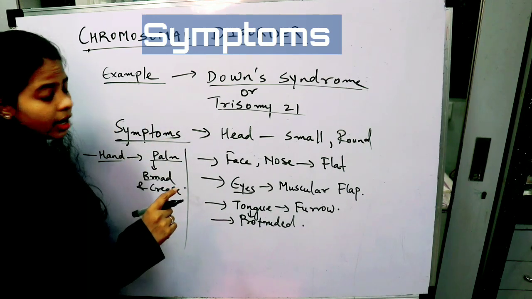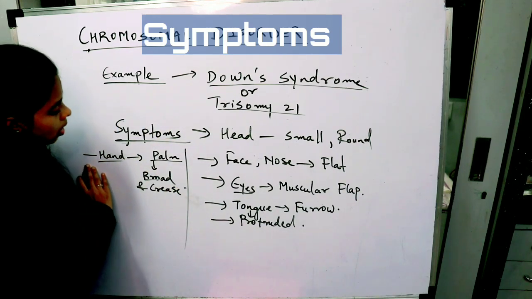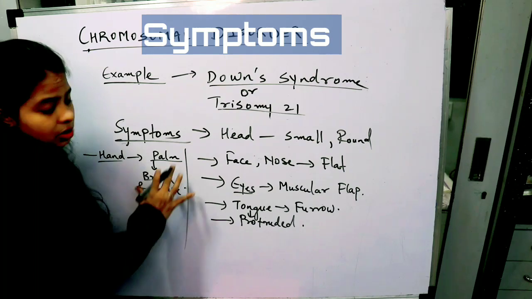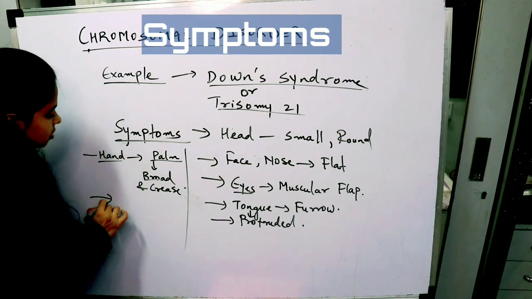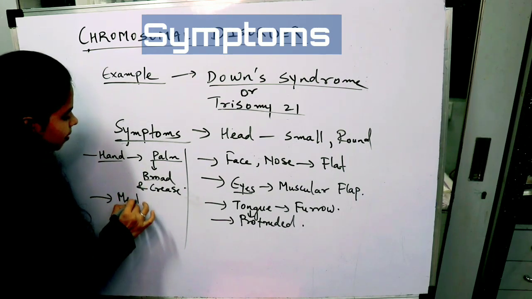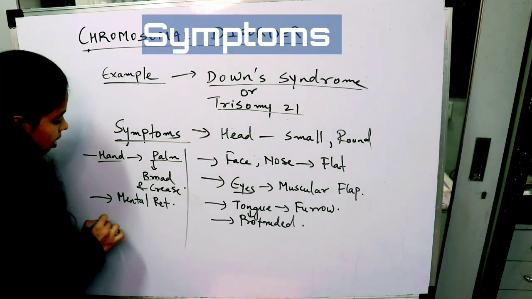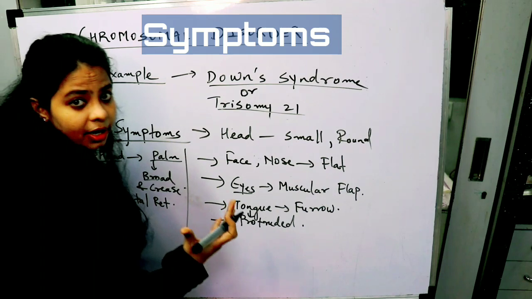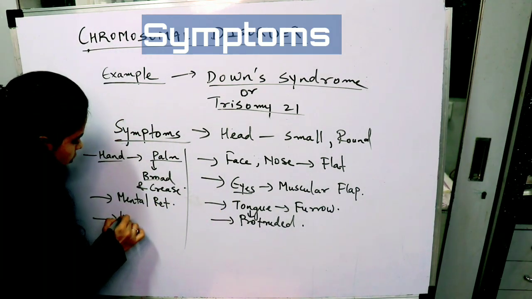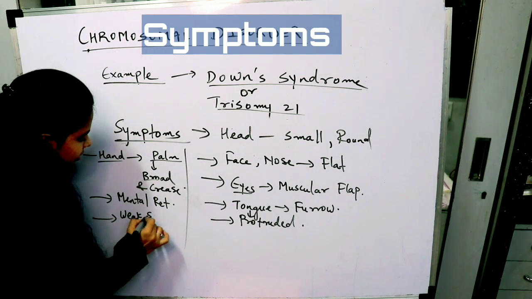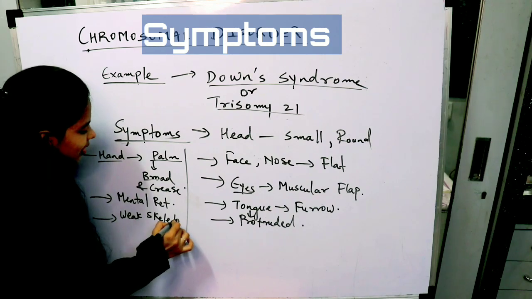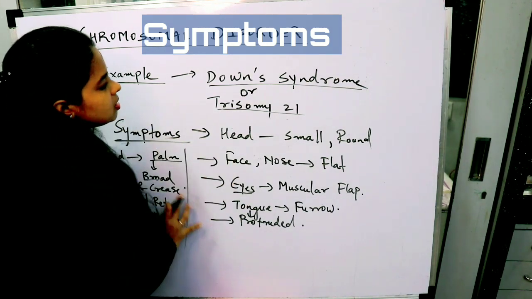That's it. So these are the basic symptoms. More important symptoms are that they are mentally retarded, so there is mental retardation, and the skeletal development is weak, so a weak skeleton. Is it clear? So this is all about the symptoms.